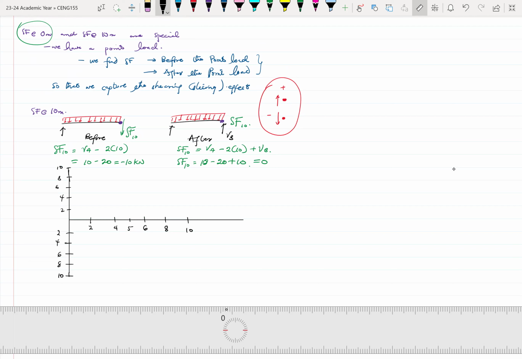So this is your x-axis, and this is your y-axis. This is minus y, and this is plus y.